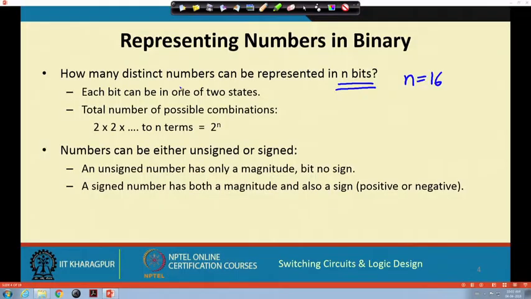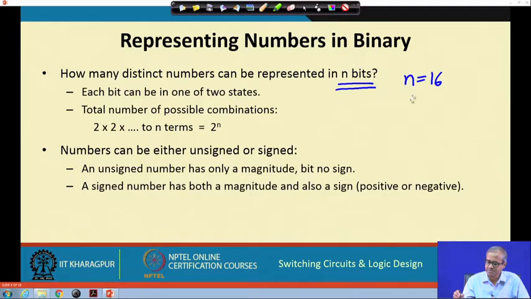It is a simple combination calculation. There are 16 bit positions, and each bit position can be either 0 or 1, so there are 2 combinations. The second bit position is again 0 or 1. So, you multiply 2 into 2 into 2 up to n times, and you get 2 to the power n.